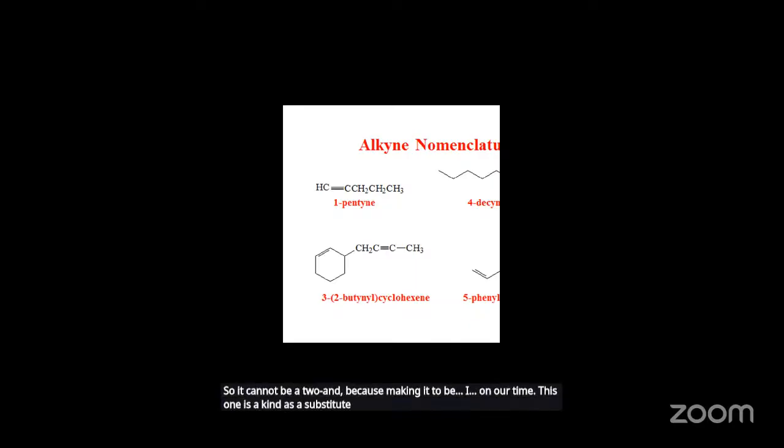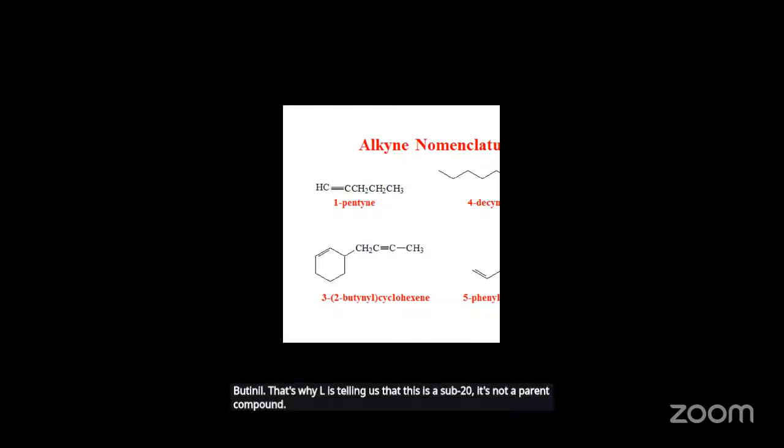That's why we call it butynyl. That is telling us that this is a substituent, not a parent compound. A substituent is not complete, it's losing one hydrogen. That one hydrogen was what was replaced with this cyclo compound. Because it's not complete, it cannot be that.